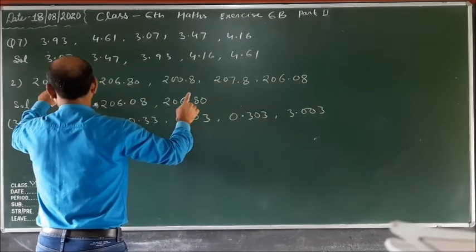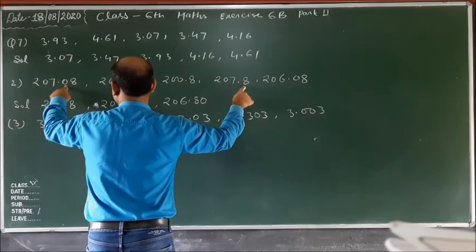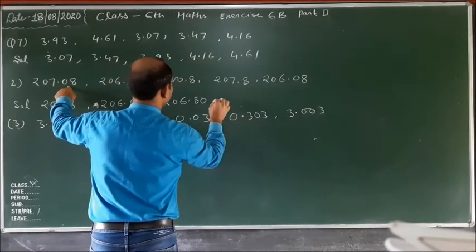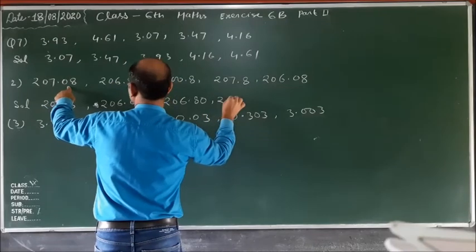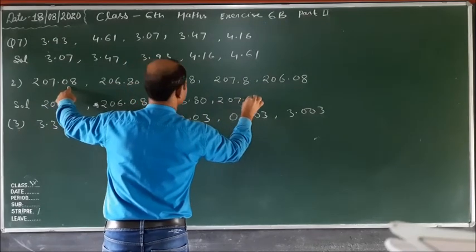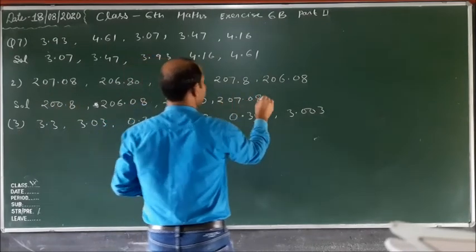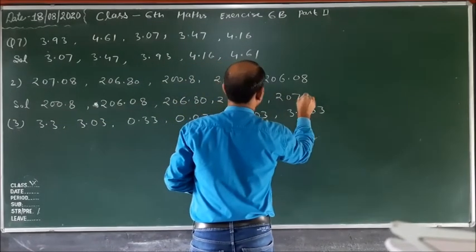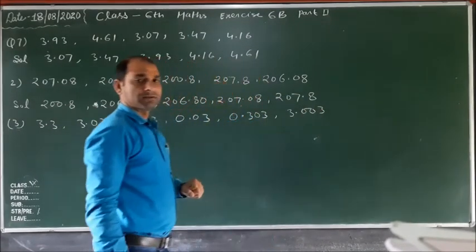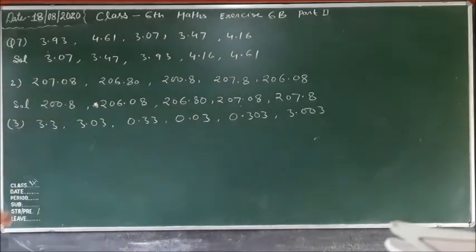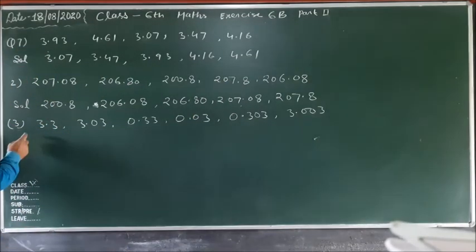Here 0.08, here 0.8. So this is the smallest number. So 207.08, and this is the greatest number, 207.8.